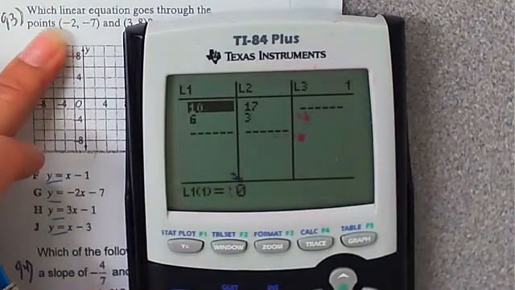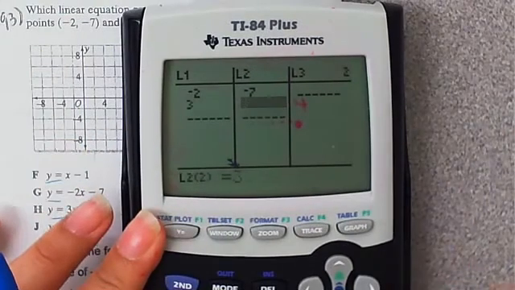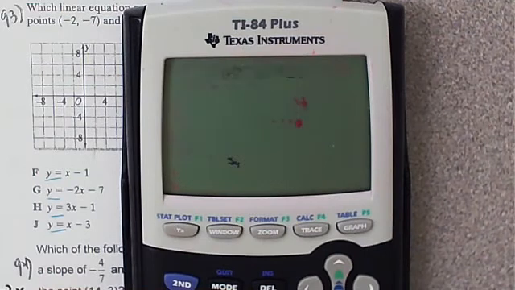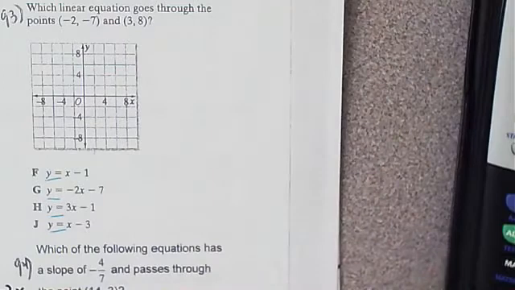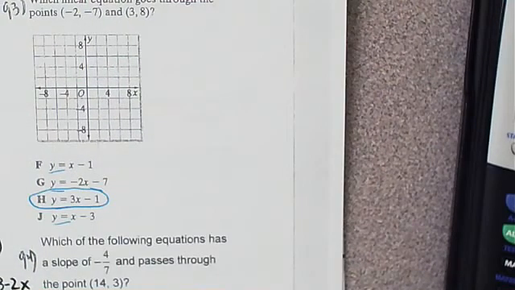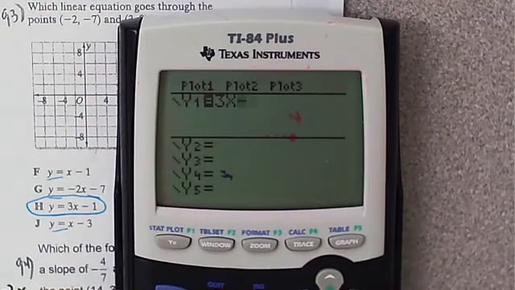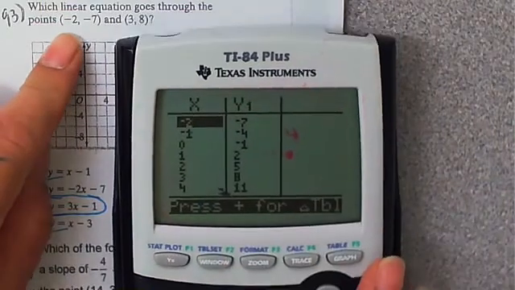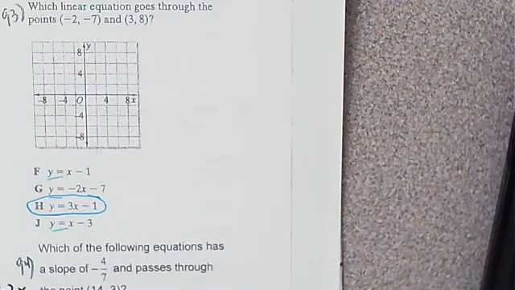So if I go and use stat, -2, -7, and 3, 8, I go stat, calc, number 4, calc. 3 goes here, so 3x minus 1. That's going to be my equation. There it is. Okay, so you can test it out. 3x minus 1. Second table, does it have a -2, -7? Yes, it does. Does it have the 3, 8? Yes, it does. So that's 93.